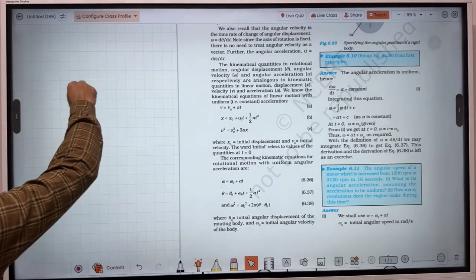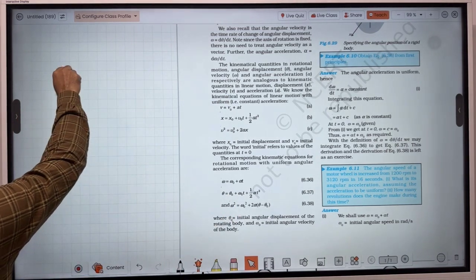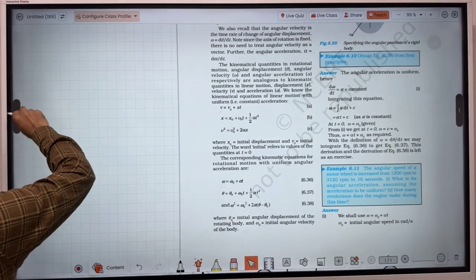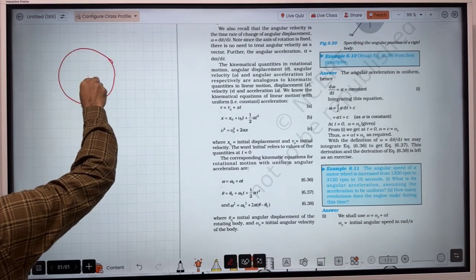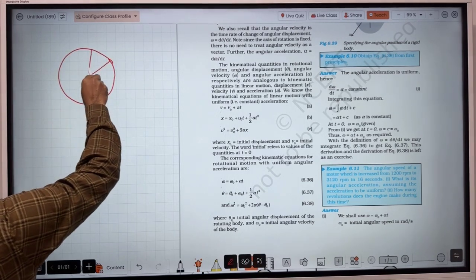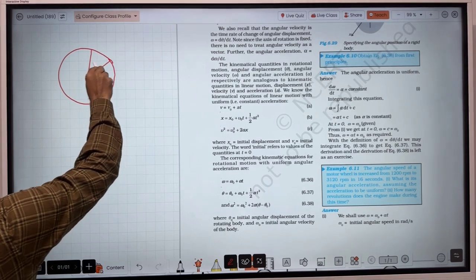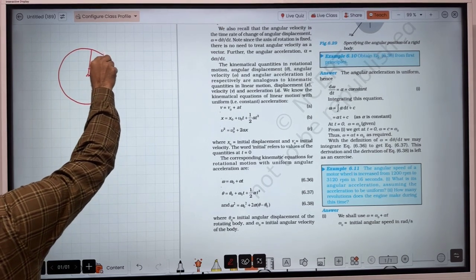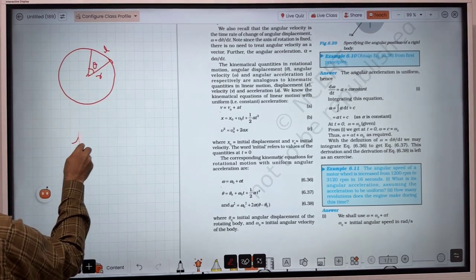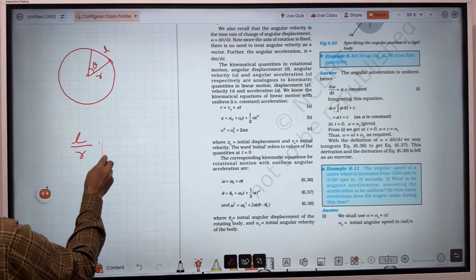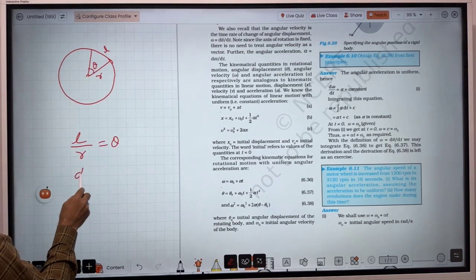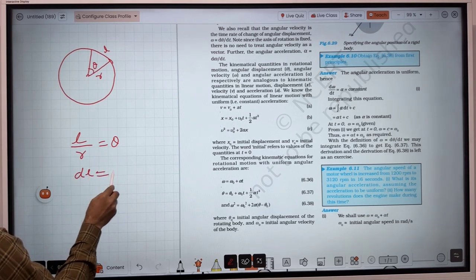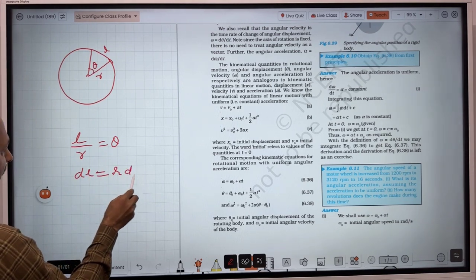If you want to know the origin, I told you in the beginning that if you are given a circle and a body moves in a circular path, suppose this is radius r, this angle is theta, this is arc, then we write l upon r equal to theta, or we can write dl equal to r d theta.